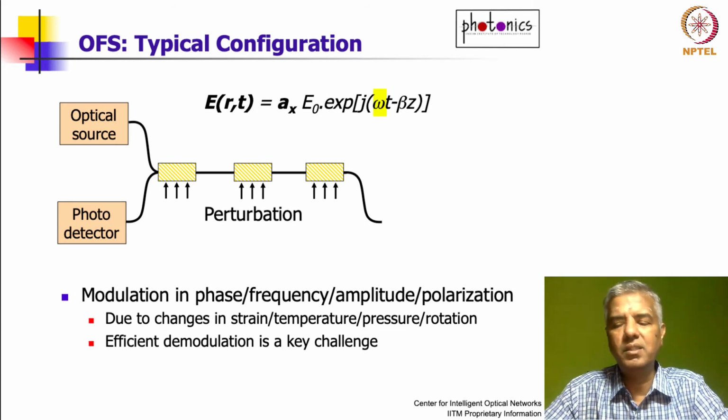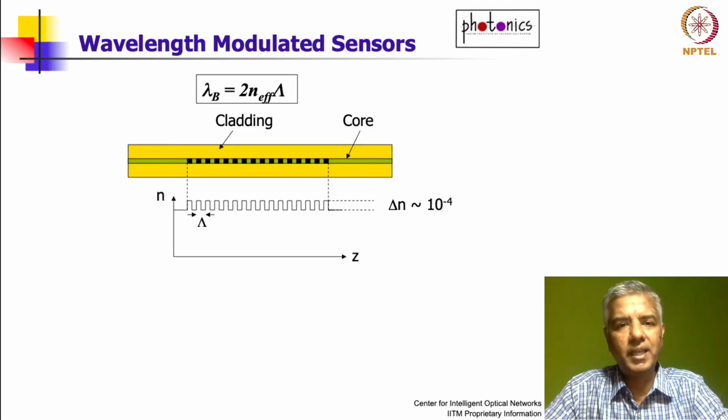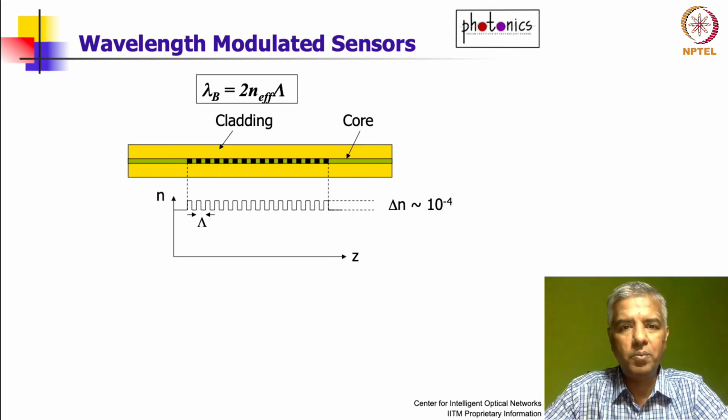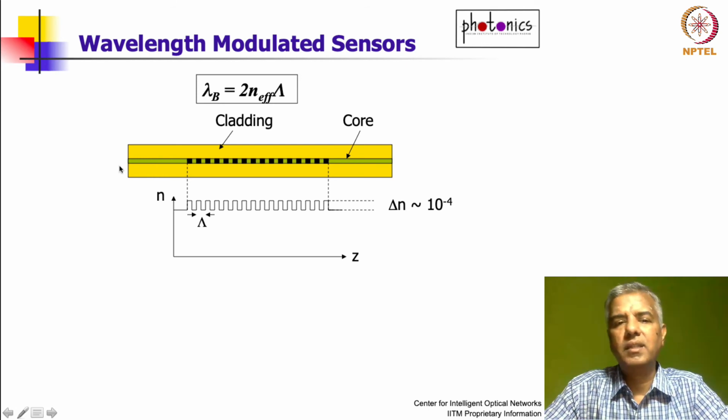So let's actually see how a wavelength encoded sensor would work. One example of a wavelength modulated sensor is what we call a fiber Bragg grating. Now, what is a fiber Bragg grating? We're looking at, say, the core of the optical fiber, which is surrounded by the cladding.